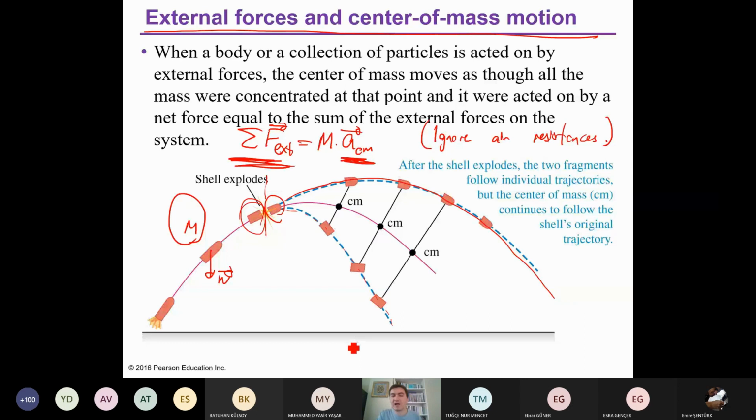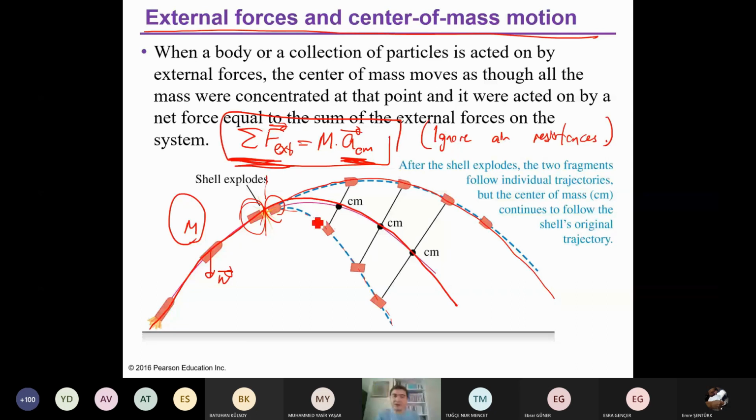This also happens in rockets, okay? So then what about their trajectories? What about the trajectory of the center of mass? Look at this one. If this does not explode, it will follow this trajectory of the center of mass, okay? This one.